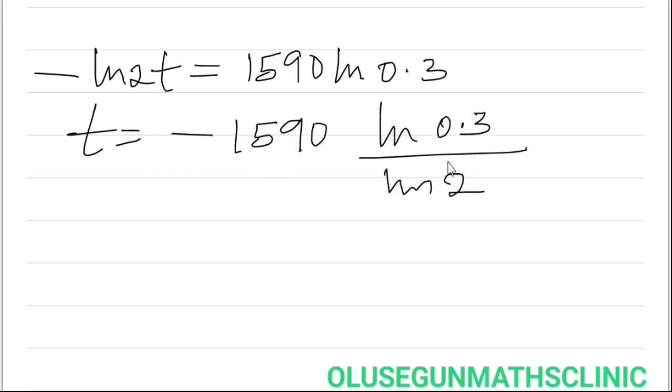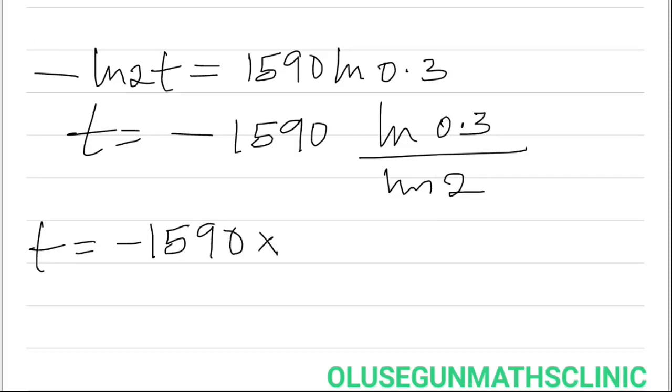So you just press this in calculator. Let's do it. We have t is equal to minus 1590 times ln 0.3.